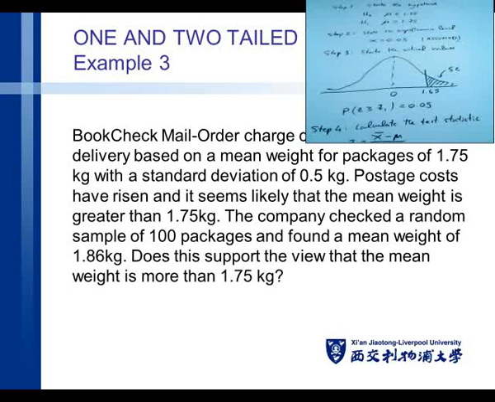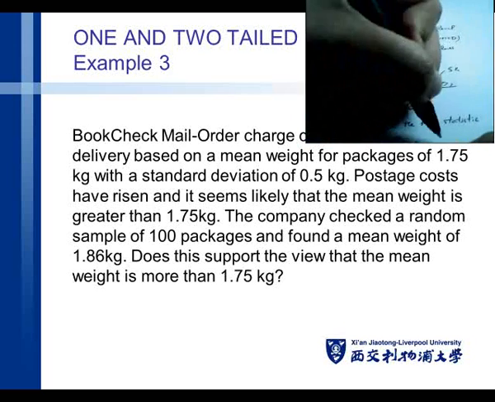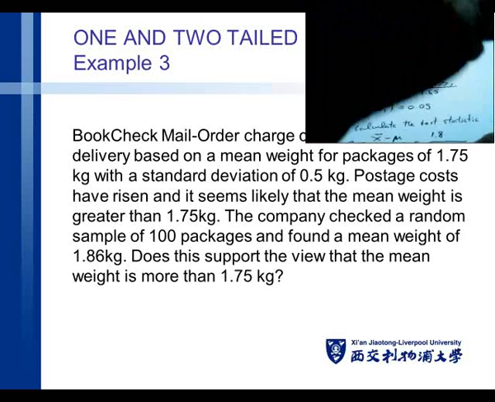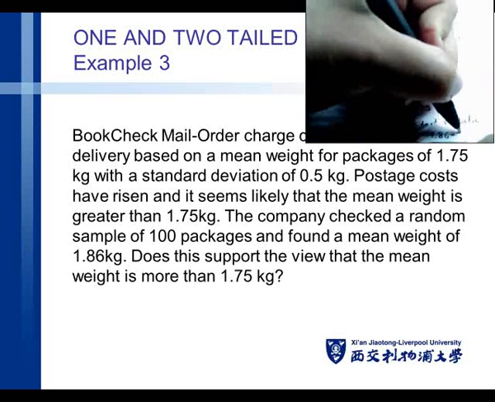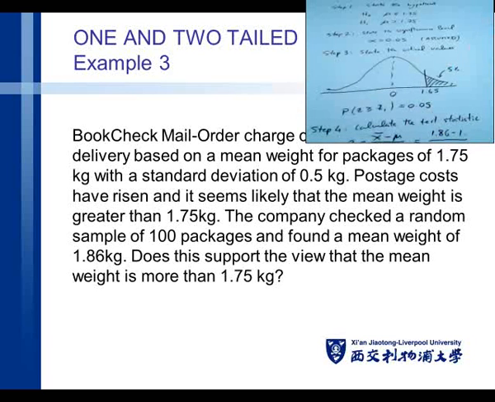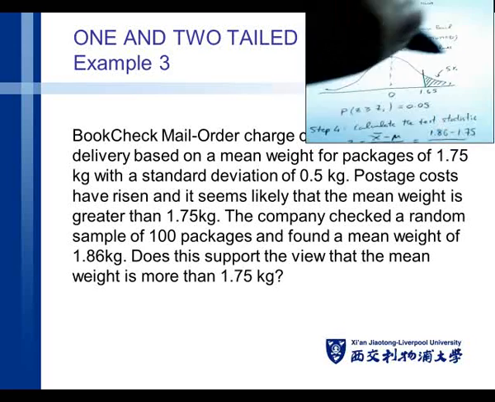We're given in the question that the sample average was 1.86. Your null hypothesis, that's why you need the equal sign in the null hypothesis, is that it is equal to 1.75. That's the value you're going to use, even on the one-sided test. Okay? 1.75.